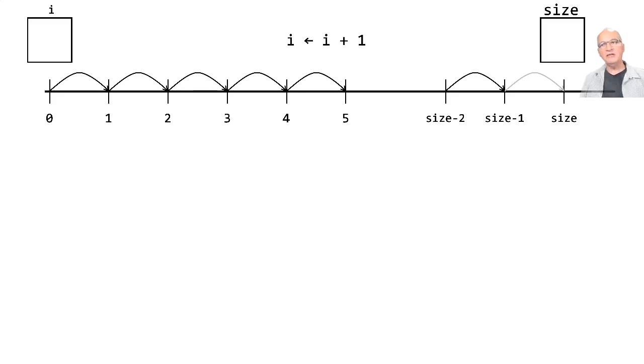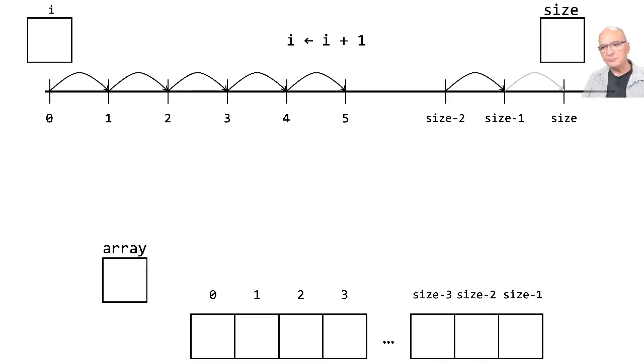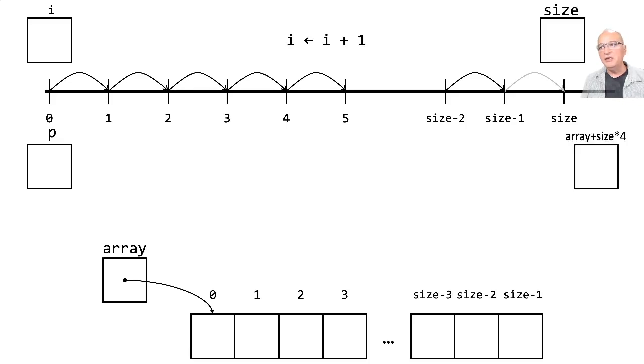Now, to access the array using pointers, remember that the first parameter of my function, array, contains the address of the first position of the array, or position 0. So I'll create a pointer p to access this array, and my stopping criterion is no longer size, because I'm not incrementing the pointer p by 1.